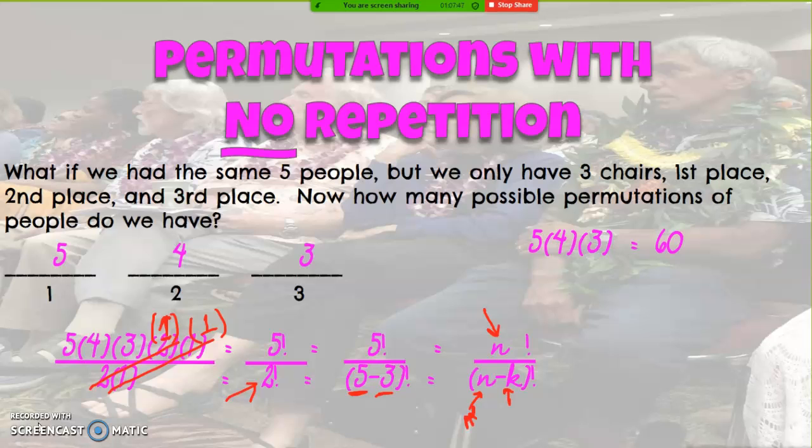This is the number of possible people, and this is the number of chairs that we're filling. So the formula to find permutation with no repetition is n factorial divided by n minus k factorial. If you can't remember the formula, just use this decision chart right here that we've made. That should work just fine.